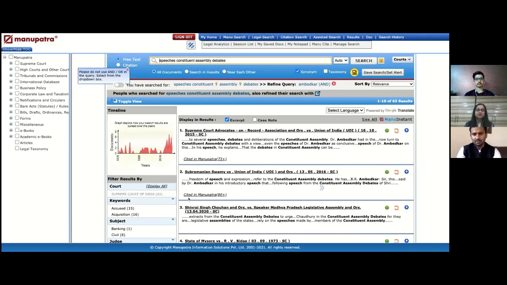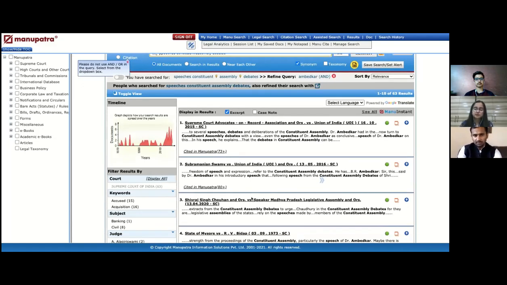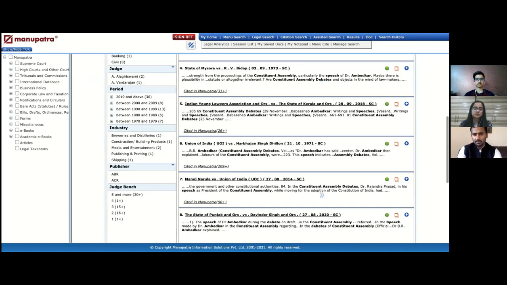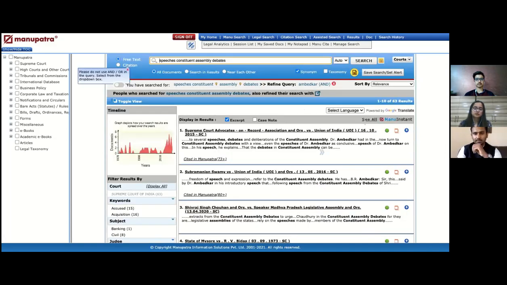Once I looked into that, I saw all these important judgments. What you can see here is the number gets completely reduced to 63 results. Now you know that you do not have to go beyond these 63 judgments to look for Supreme Court judgments on the issue of speeches made by Ambedkar in the assembly debates.